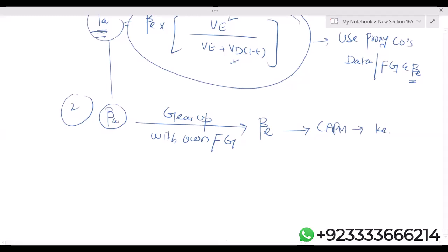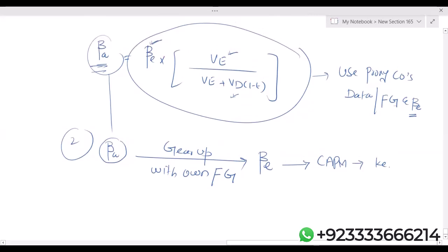Now the question is, how to utilize this asset beta formula to calculate equity beta, because we know that we have to solve the question on a spreadsheet. So how to put the values so that I can solve in a cell? Very simple. Now I want equity beta to become subject.